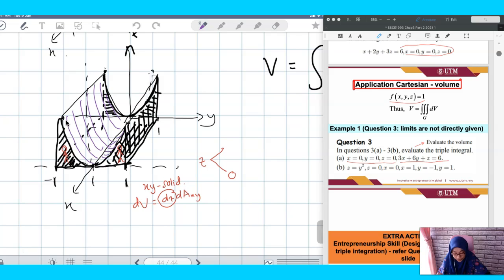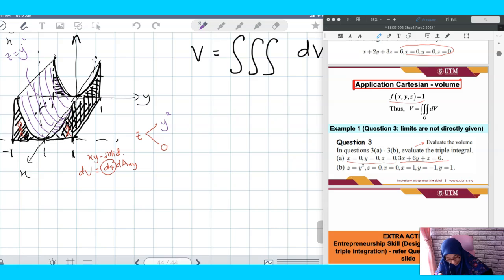So you can put the upper bound of z as y squared. Now we have the limit for dz: 0 to y squared.